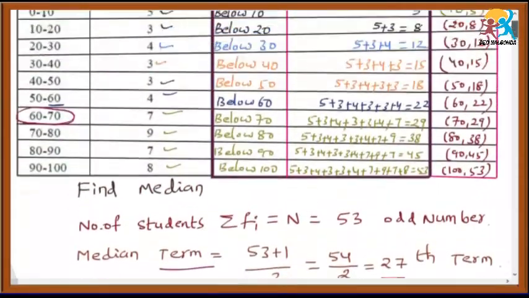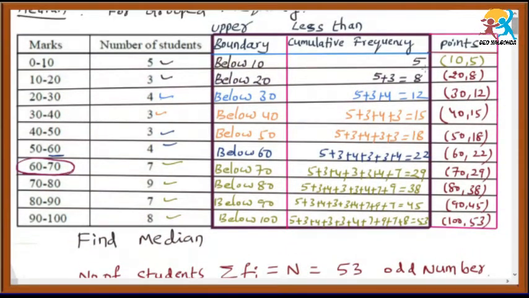So in this question, what will be Cf? Here the median class is 60 to 70, we know that, and this 7 will be f, and Cf means the cumulative frequency of the class preceding the median class.